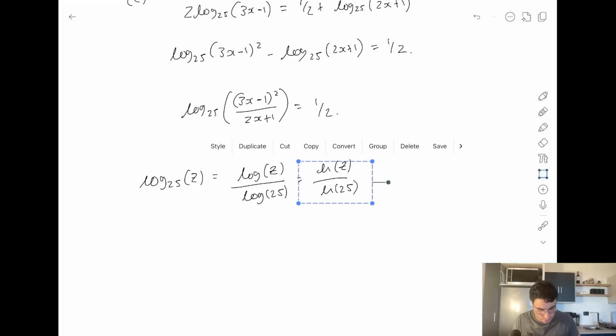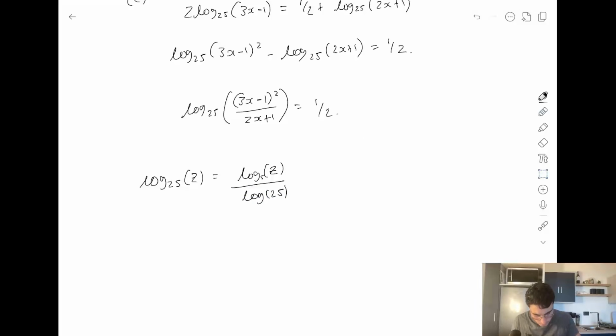Okay, so let me get rid of this. Get rid of it. And I get rid of the z. Because I can say that what we then have is (3x minus 1) squared over 2x plus 1 over here.